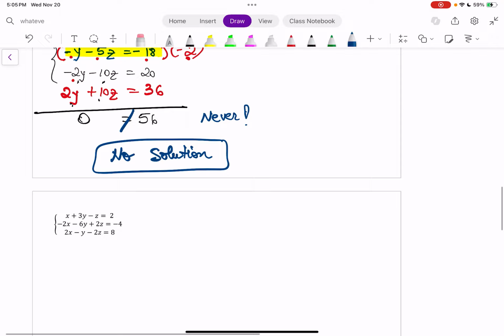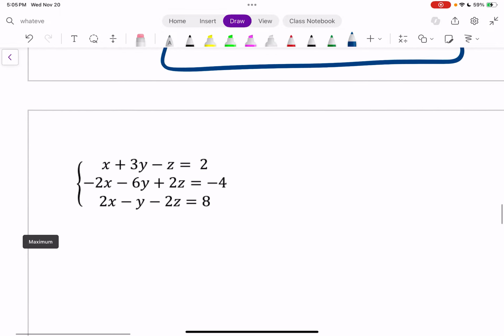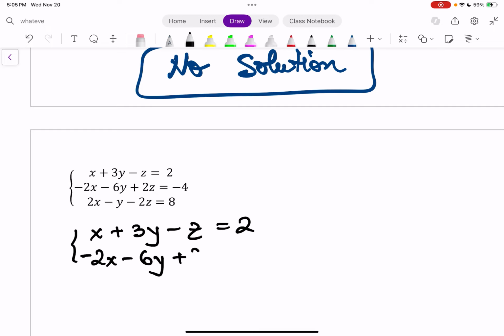All right. So let's try this one more time. As you see, I have one more system here for you. Again, you're welcome to try it yourself. The first thing is that we're going to grab a pair of equations, and then we'll grab another pair of equations.